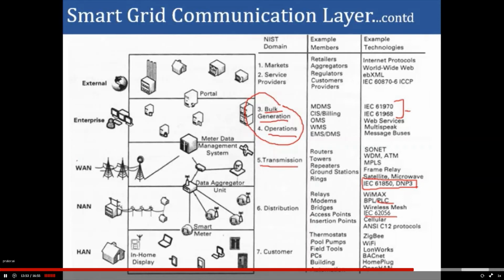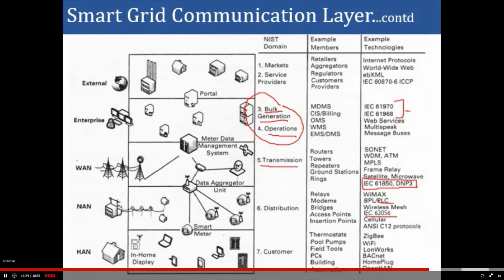MultiSpeak is another protocol for distribution system data exchange. Then there are various message buses, which are required for seamless integration of data between various applications. One such is the enterprise service bus, which ensures a standard way of data sharing between various software applications.